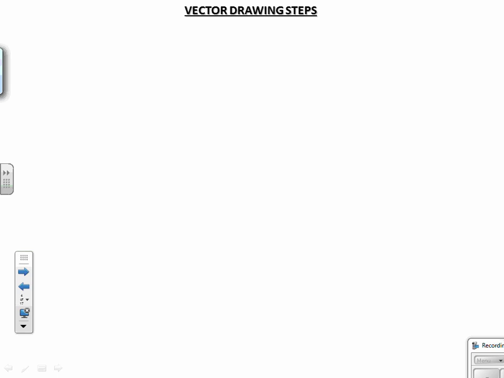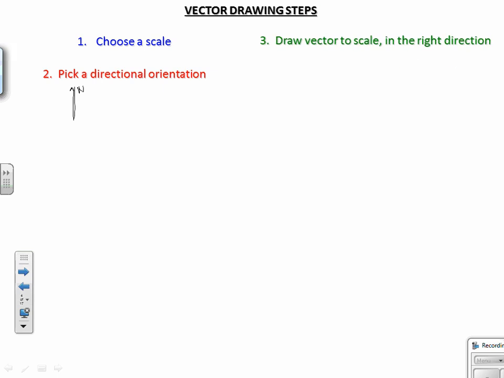So we're going to draw a vector. The first thing you got to do, choose a scale. The second thing, pick a directional orientation. What I mean by that is maybe north, south, east, west. We won't always use north, south, east, west. Sometimes we'll just say left or right, up and down, stuff like that. All right, draw it to scale in the right direction, and label it.